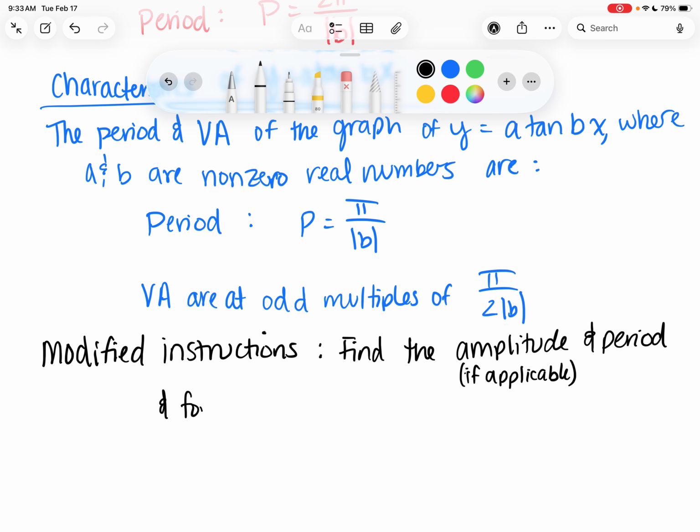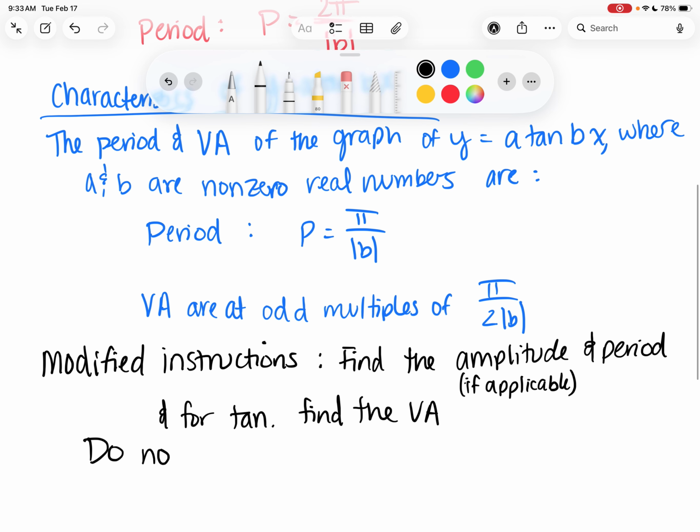And for tangent, find the vertical asymptotes. So period you're finding for everything. Amplitude is just for sine and cosine. The vertical asymptotes are just for tangent. And I'll put here, do not graph.